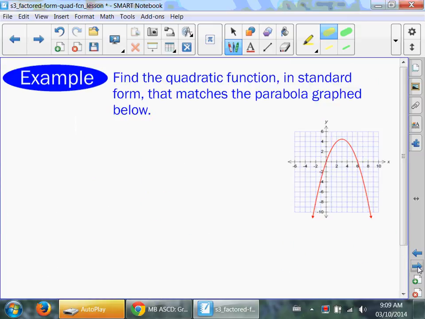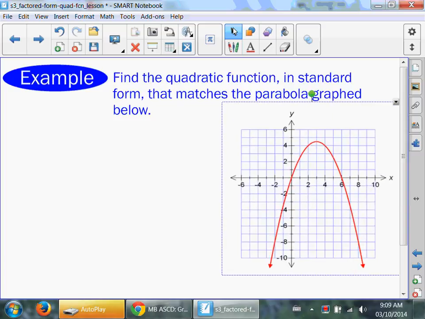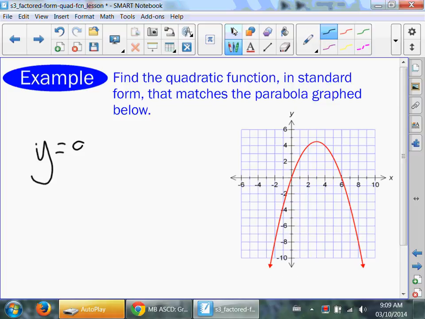Find the quadratic equation that's graphed here. So here we're given a graph. We're asked to find out what is the equation. So here's what I know. I know that the equation is in the form y equals some number a times x minus r times x minus s. What is r and what is s? r is one of the roots, s is the other root. a just determines the direction of opening, and a also determines how skinny or not skinny the graph is.